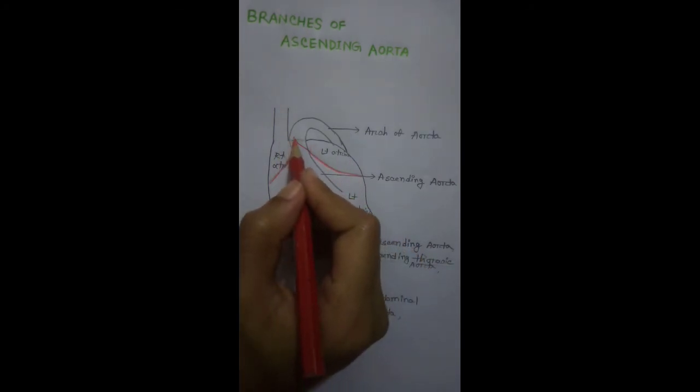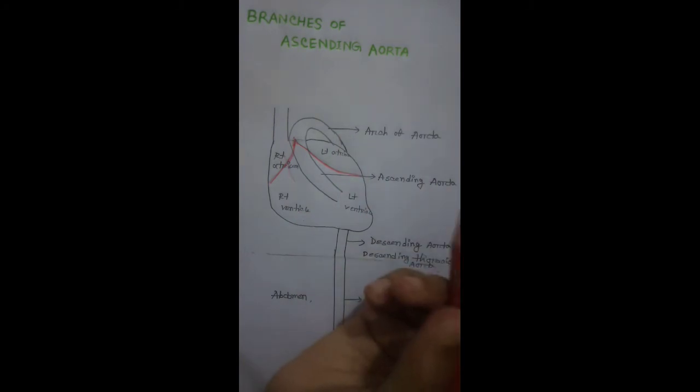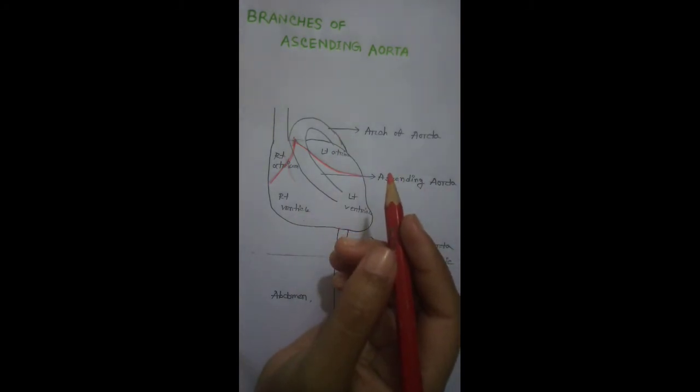At the root, there are three sinuses. And what are the sinuses? First, I have to draw the sinuses.